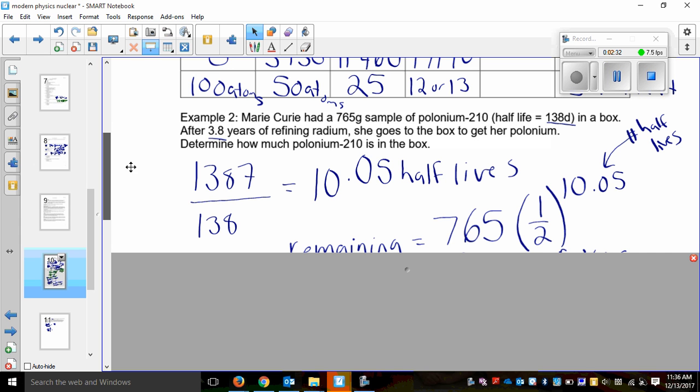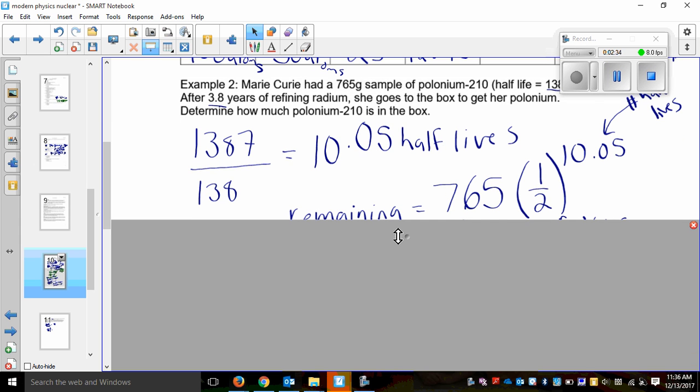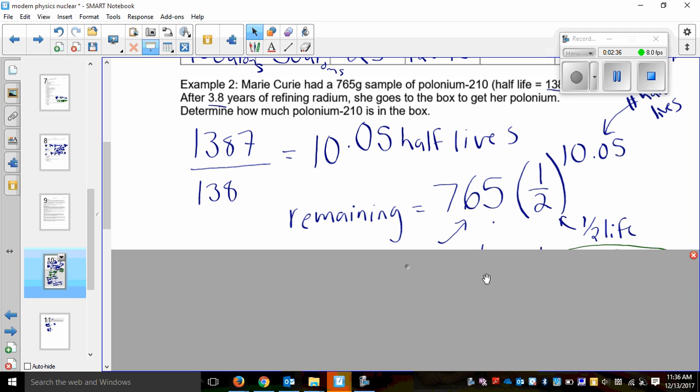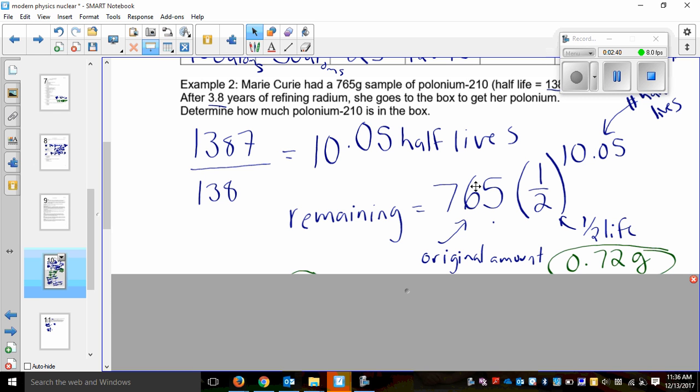The amount remaining is equal to the original amount, times 1/2 to the power of the number of half-lives. So it's always 1/2 because it's half-life. This number of half-lives is a value you put in, and this is the original amount. You're going to need to memorize that.